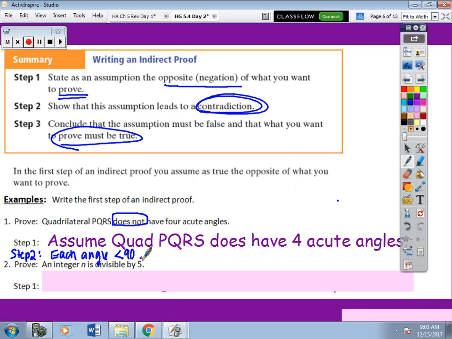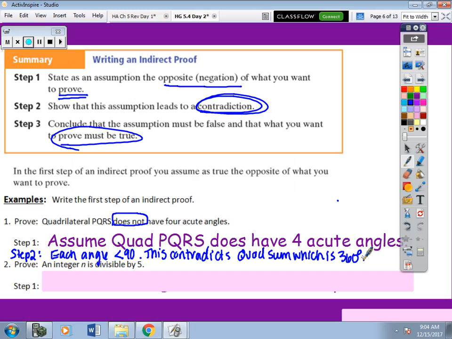So we would say step 2, each angle is less than 90, and this would contradict quadrilateral sum, which is 360. And then step 3 would be to say this proves the assumption false.